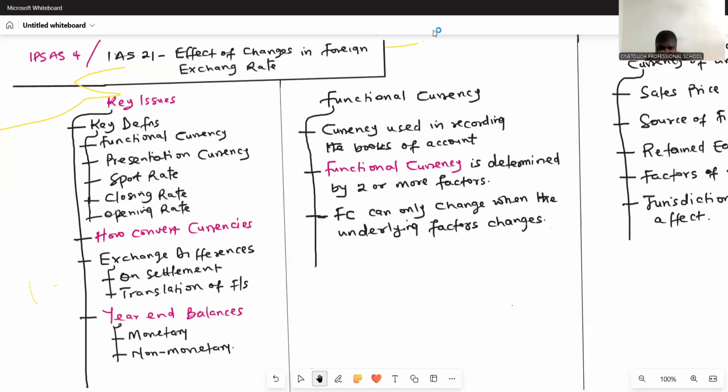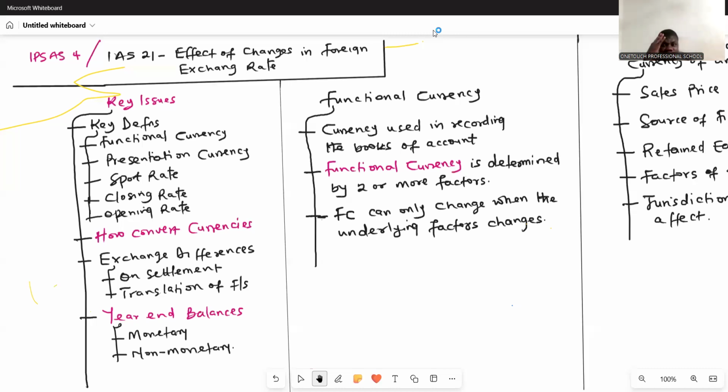Is that clear? Then the closing rate is the exchange rate at the end of the year. Then the opening rate is the exchange rate at the beginning of the year.